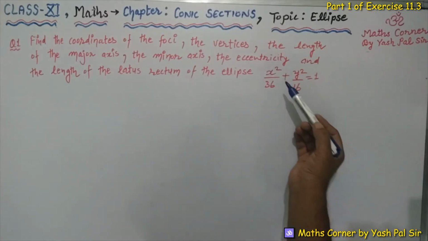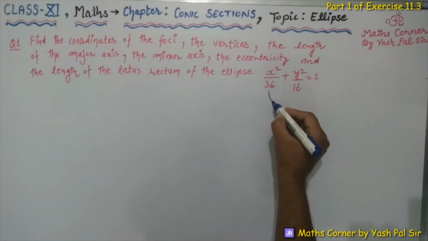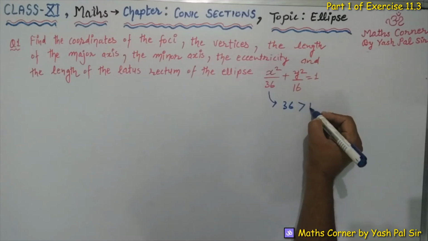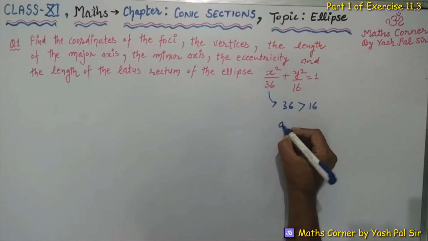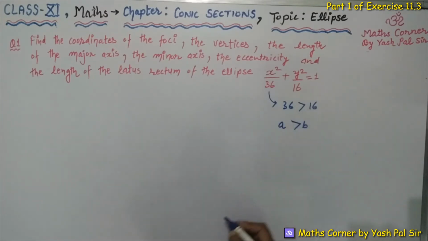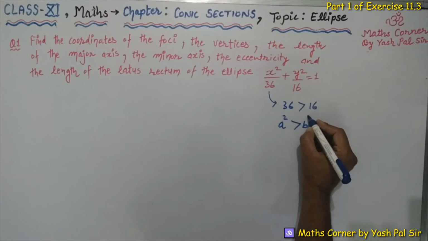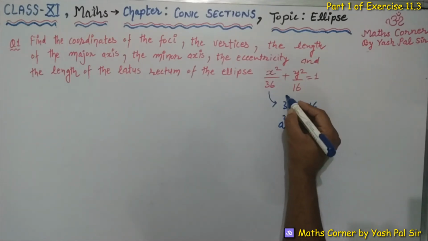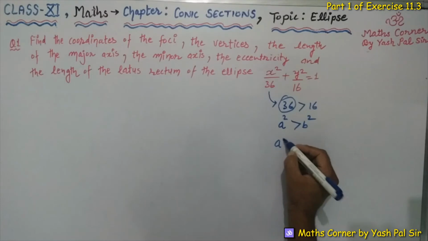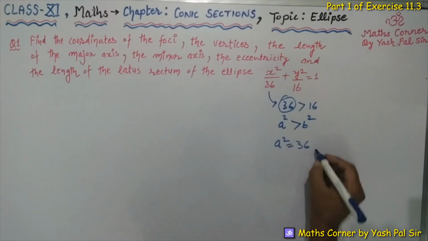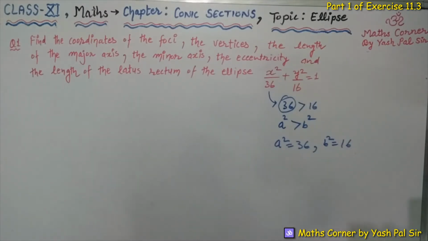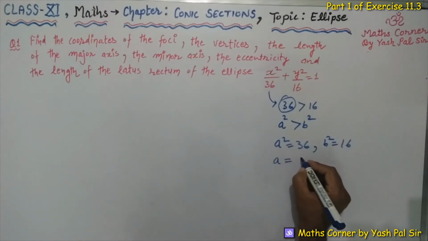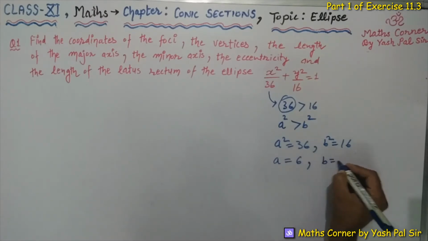So first of all, what we see here is 36 is greater than 16. And in case of ellipse we say a is greater than b. So a square is also greater than b square. So 36 is a square. A square is equal to 36 and b square is equal to 16. From here we can say the value of a is 6 and that of b is 4.